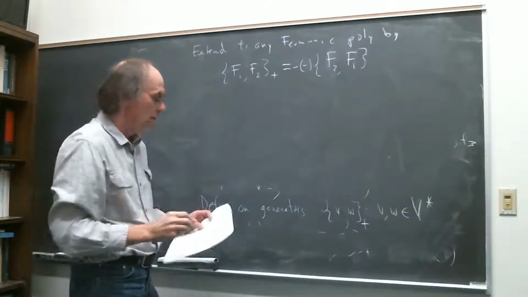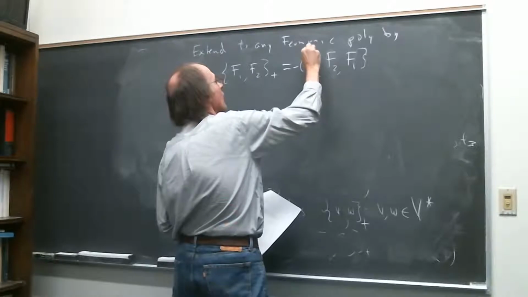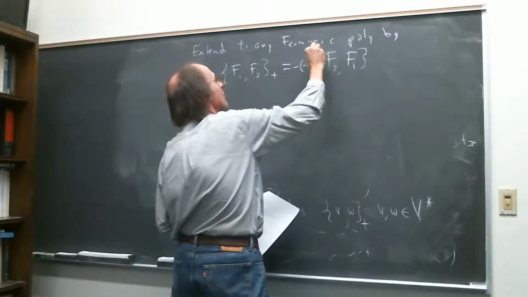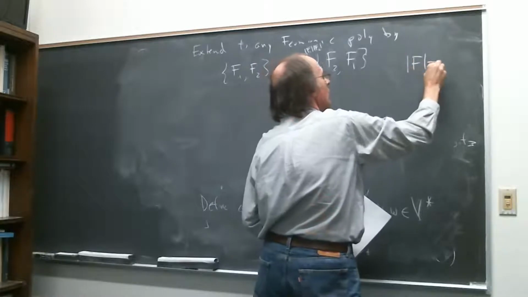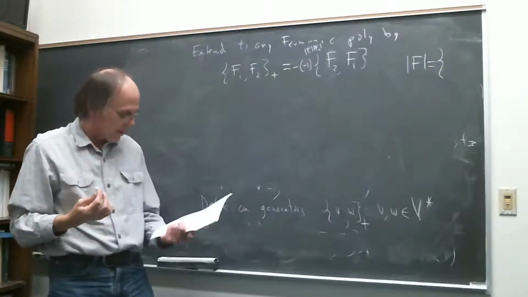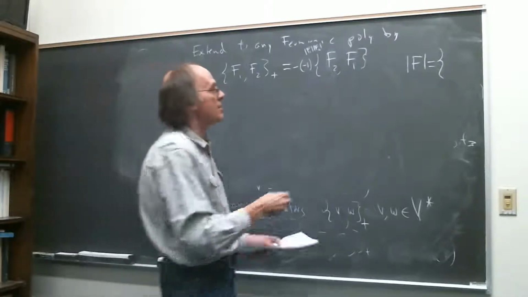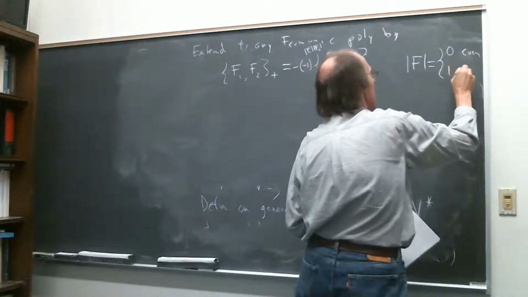It's a minus sign to the power of the degrees of F1 and F2 and so on. These are the degrees, which I guess is 0 if it's even, 1 if it's odd.